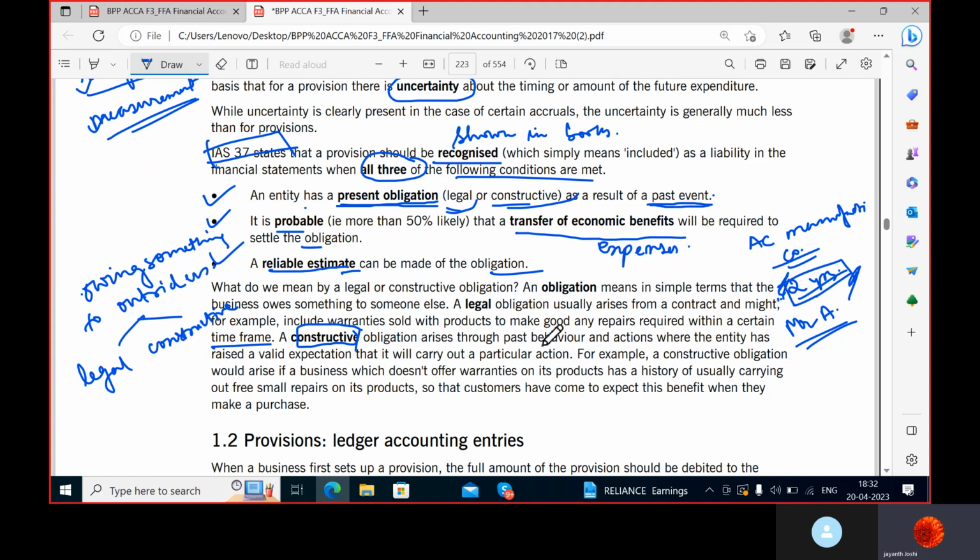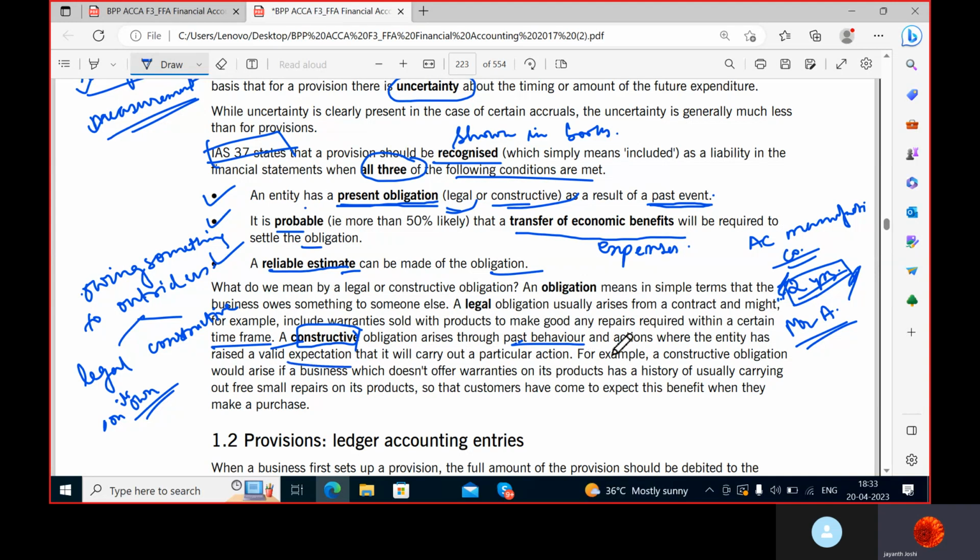It arises through past behavior. That means the company has taken this obligation on its own. No one has forced the company to oblige with this particular condition, but the company, through past behavior and action, has raised a valid expectation.